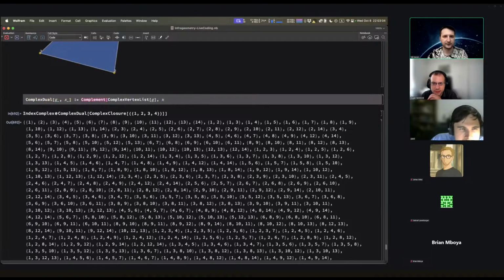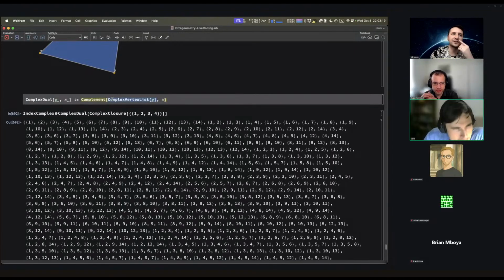Although it doesn't depend on all the other simplices in G. No, you need to pick some facet, the largest simplex of the dimension of the complex that has this particular simplex in its star. Maybe that's what's confusing.